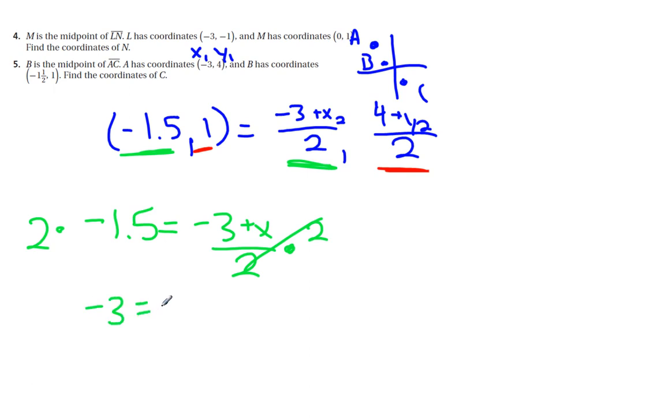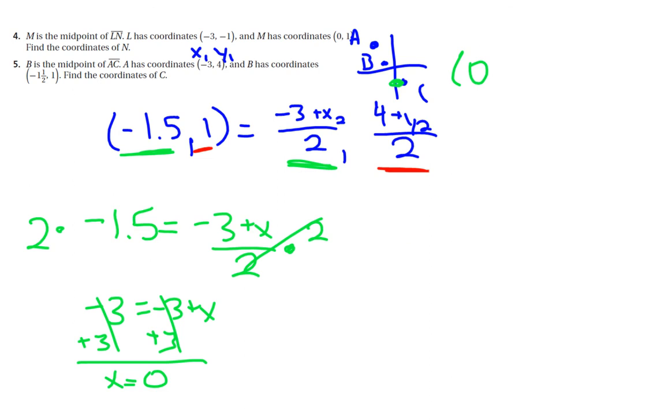So you get negative 3 equals negative 3 plus x. And hopefully you can see, well, negative 3 plus what number equals negative 3? Maybe 0? Just for fun, we can do it, because we're good kids. Cancels, cancels, and x does equal 0. So I was a little off. Let's mark towards there. So our x coordinate is 0.